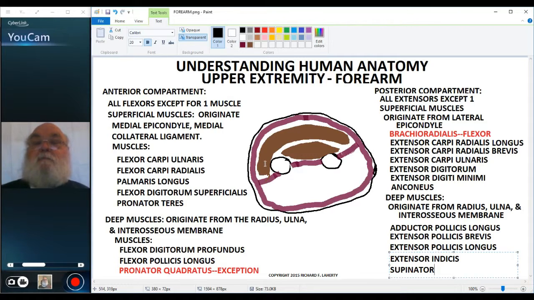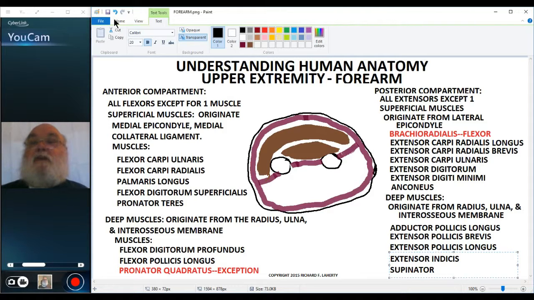In the anterior compartment we have superficial muscles that take origin from the medial epicondyle, epicondylar ridge, and medial collateral ligament. On the posterior compartment, the superficial muscles take origin from the lateral epicondyle and supracondylar ridge. The deep muscles in both compartments take origin from the radius and ulna.